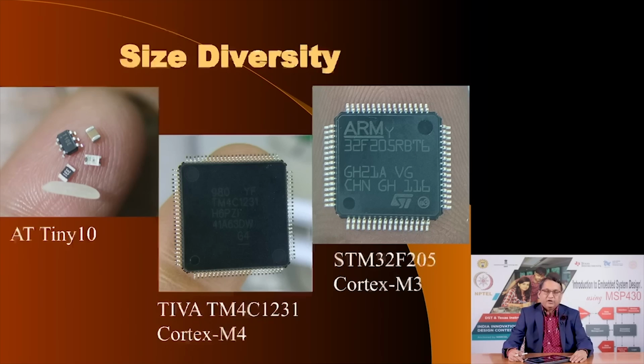And in the middle we have one of the larger microcontrollers. This is a Cortex M4 from Texas Instruments, and on the extreme right is another ARM Cortex M3 microcontroller from ST Microelectronics. These are the kind of varieties that are available. Obviously, the one with a bigger package would be more expensive, would have more features, and would be used in applications that have higher demands than, for example, the one on the left, which is a 6-pin microcontroller.